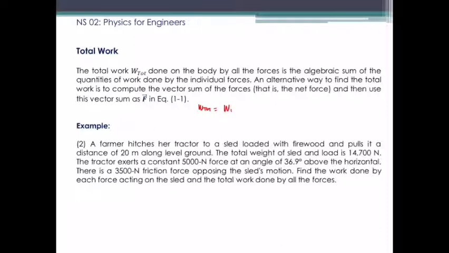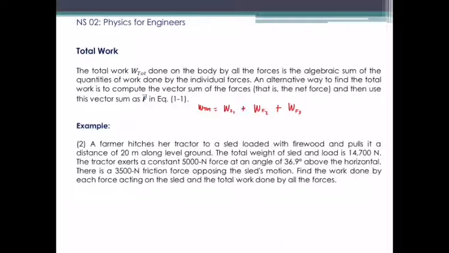Work due to force 1, plus work due to force 2, plus the work done by force 3. Algebraic sum means you must include the sign, considering the sign convention.